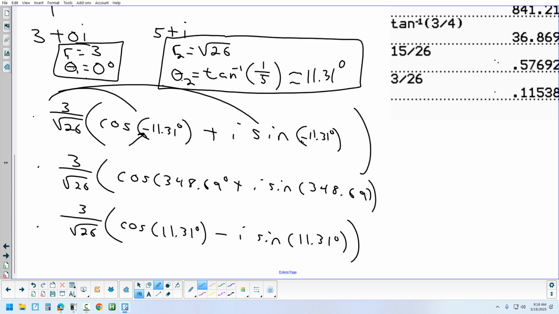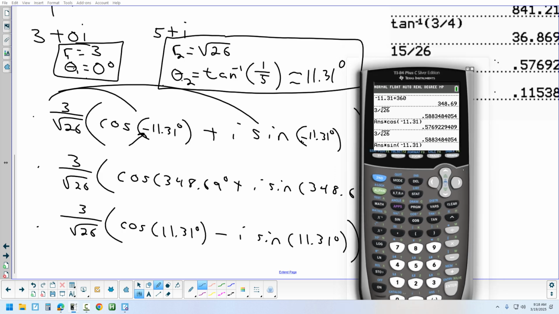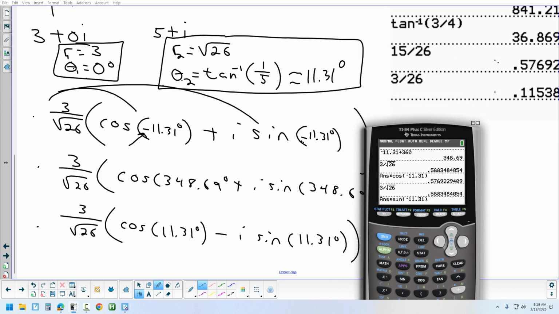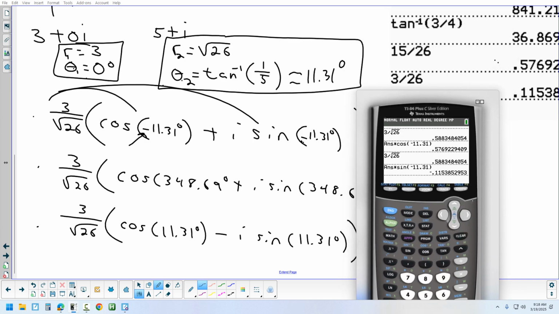Now let's do the imaginary. So we got 3 over root 26 times sine of negative 11.31. If what we did here is correct, it should match the imaginary part of negative 0.11538.